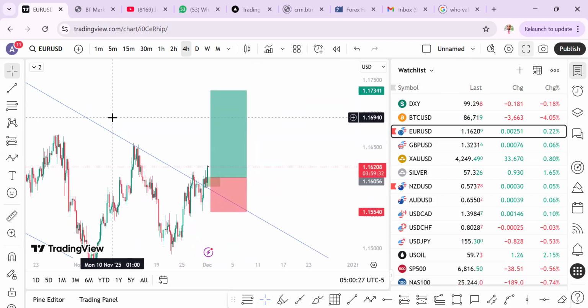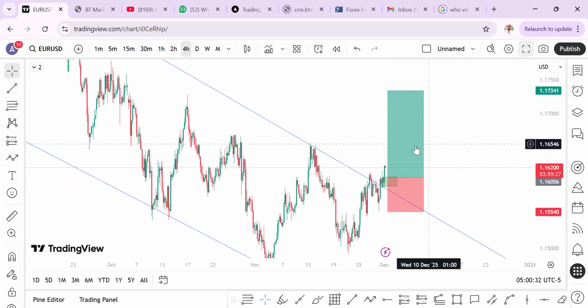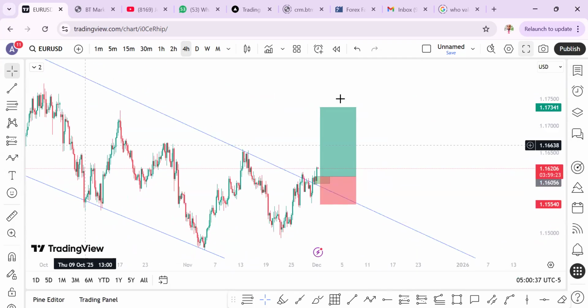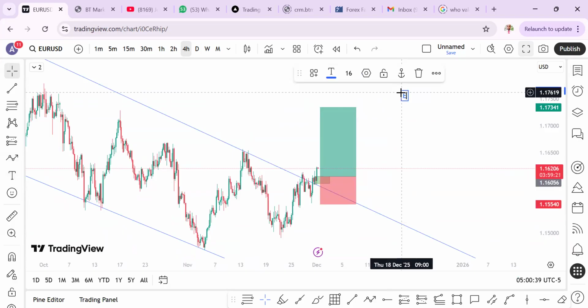That will give me about 2.4R. So this is my trade setup. Let's call this one out, Euro USD buy limit. So our EP will be 1.16056.